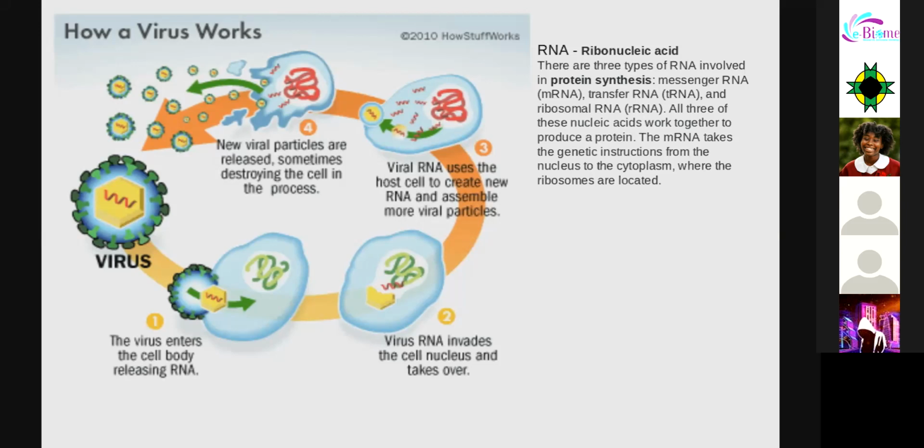And then new virus particles are released, sometimes destroying the cell in the process, unfortunately. And this is why viruses are very dangerous. I will say that RNA is known as ribonucleic acid. Anyone can pronounce that word? Ribonucleic acid?